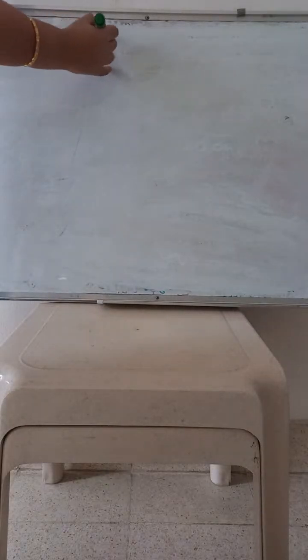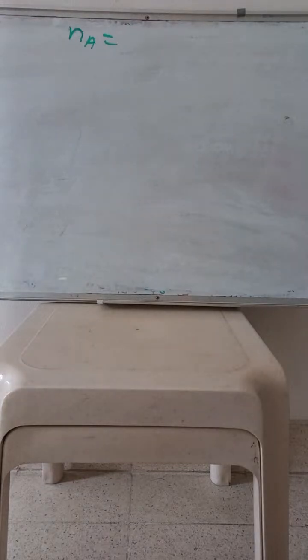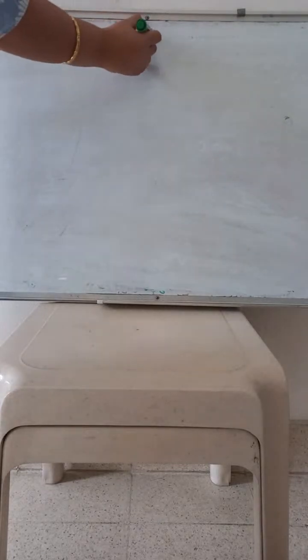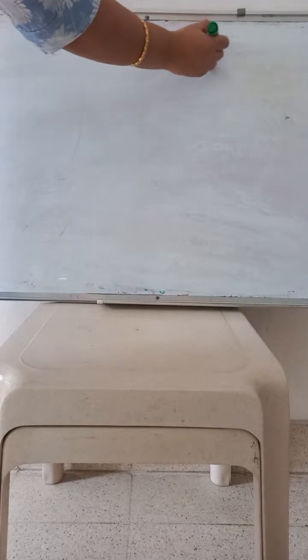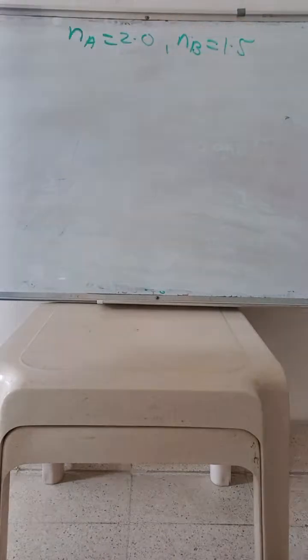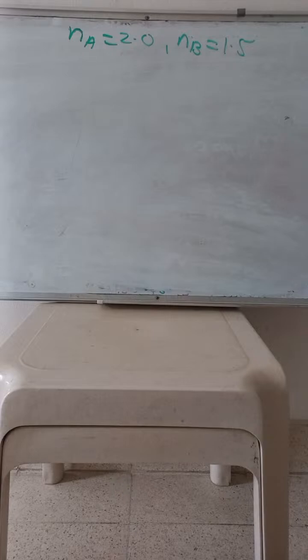Okay, so what are the given things here? Refractive indices of the two mediums. Here we have a medium A having refractive index 2.0, and another medium B having a refractive index 1.5. Can you see the board?